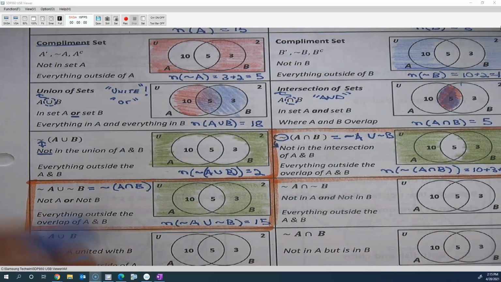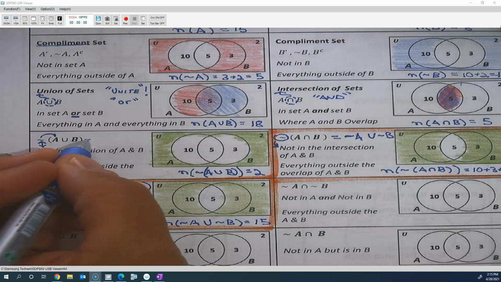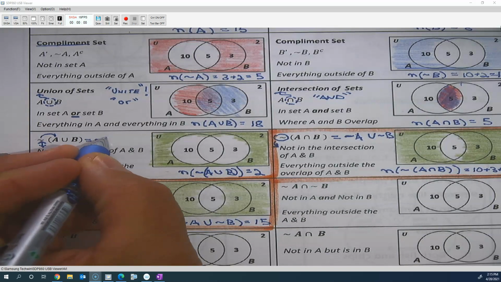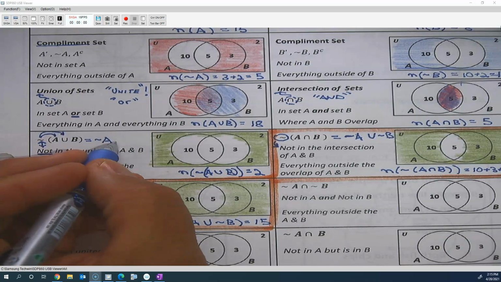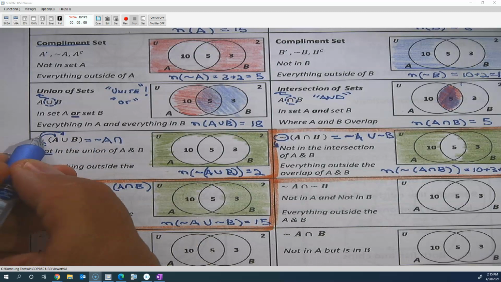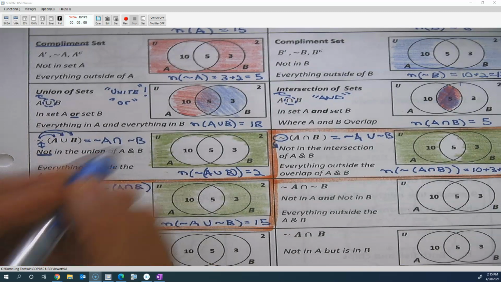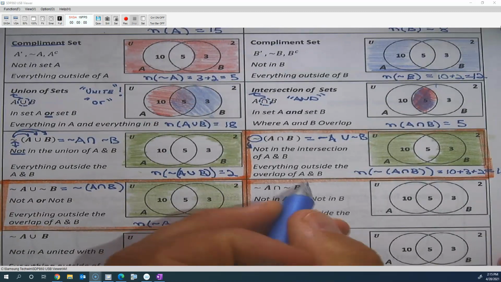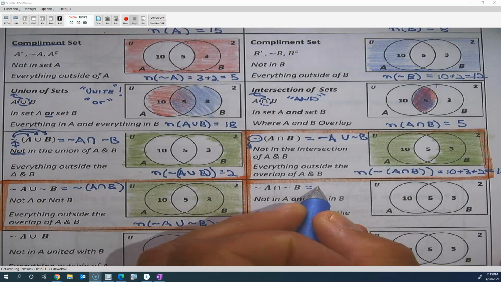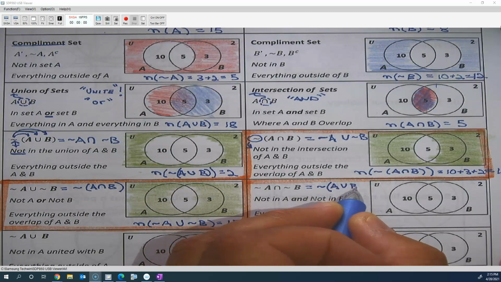If you think about taking this and distributing it, that becomes not A. I flip the union into an intersection, and then that's not B, which is what I got down here. So this would, if I undistributed it, put it back, it would look like this.